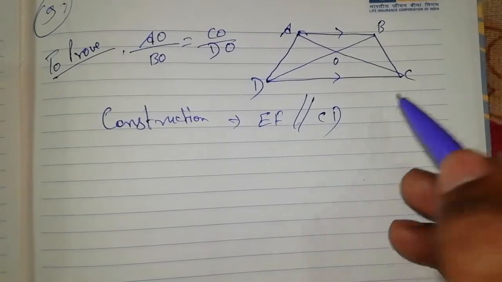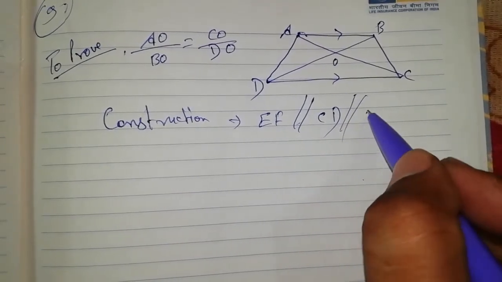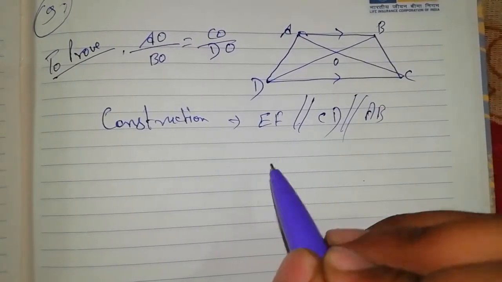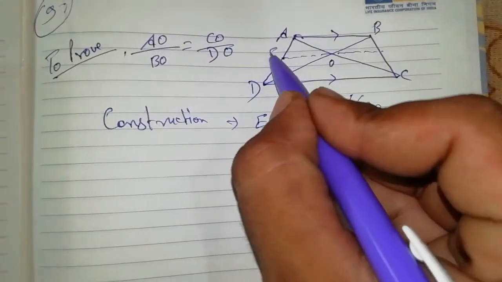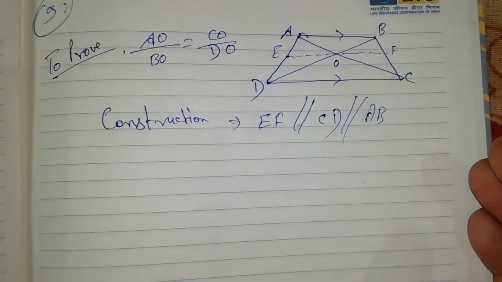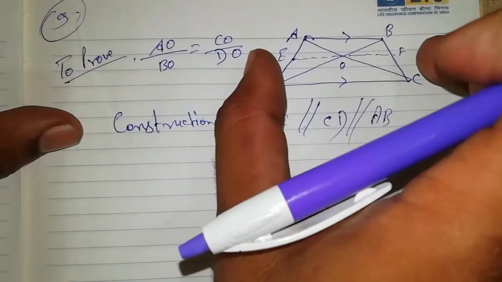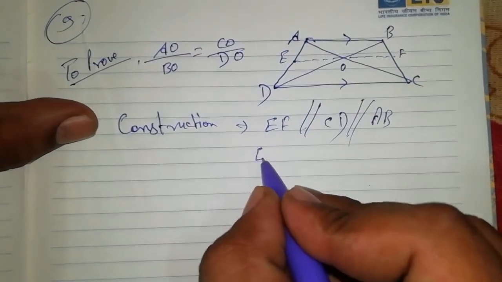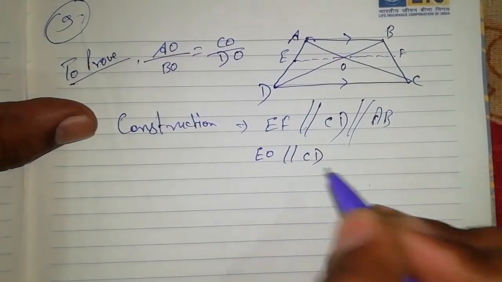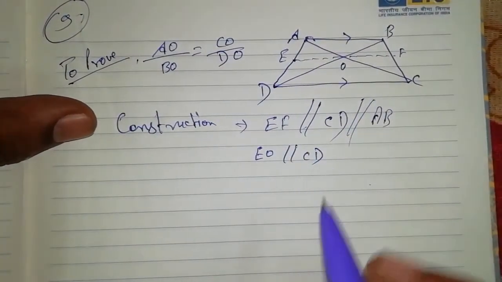It will automatically become parallel to AB because these two are parallel. So let us draw EF here. This is E, this is F. If this line is parallel to CD, then its part will also be parallel to CD. EO is parallel to CD.